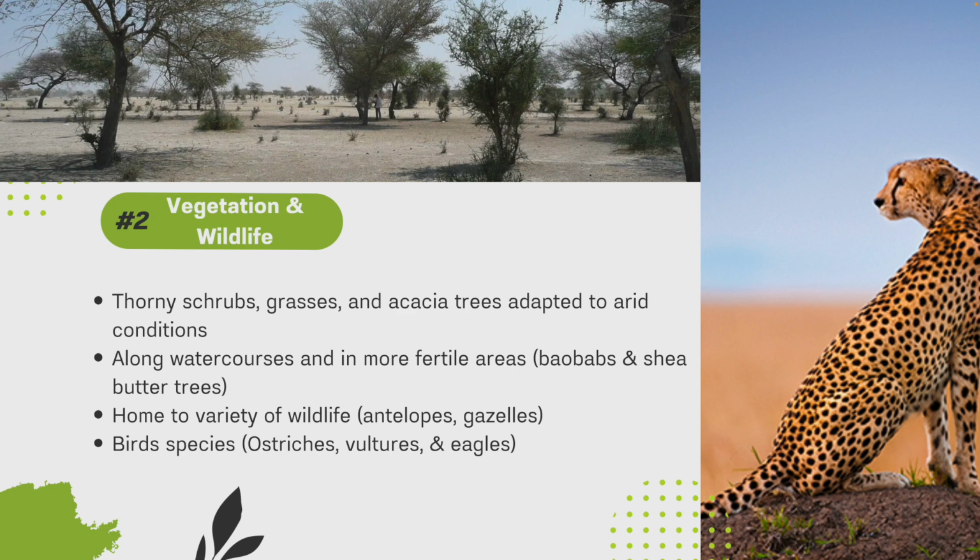Despite its arid nature, the Sahel is home to a variety of wildlife, including antelopes, gazelles, and desert-adapted species like the addax and Dorcas gazelle. Bird species like ostriches, vultures, and eagles are mainly found in that region as well.